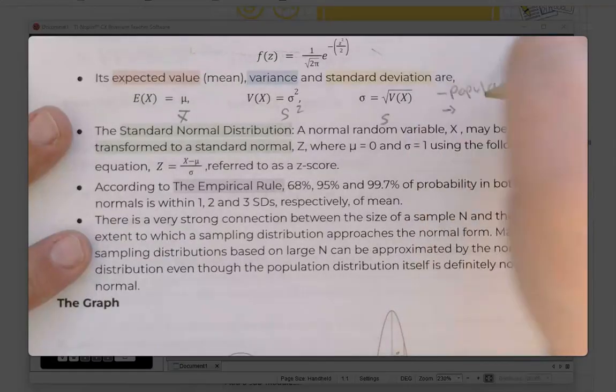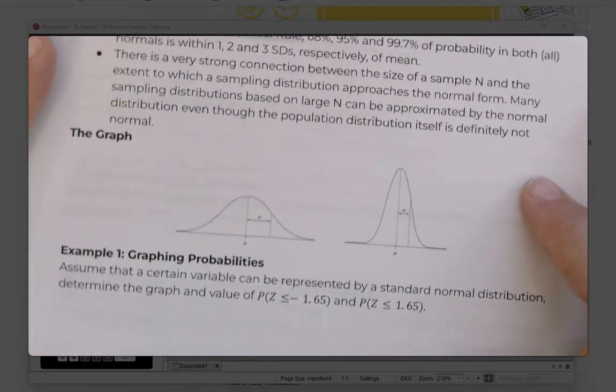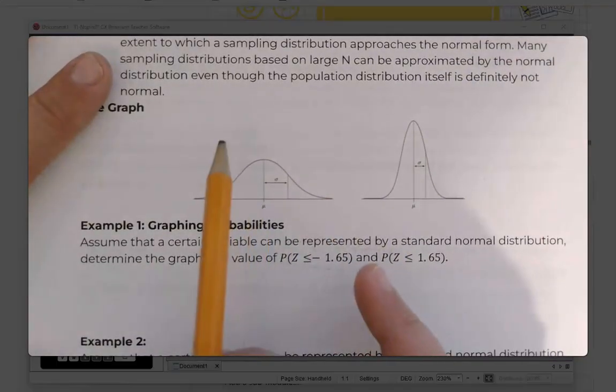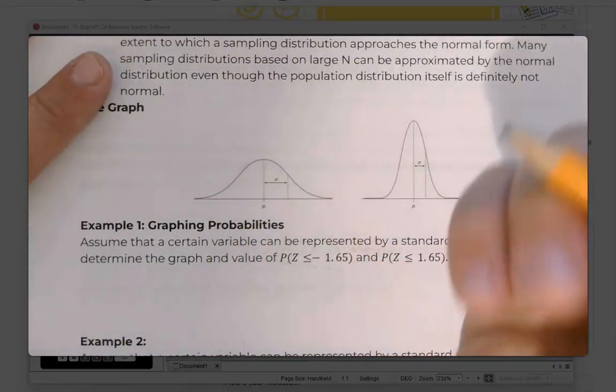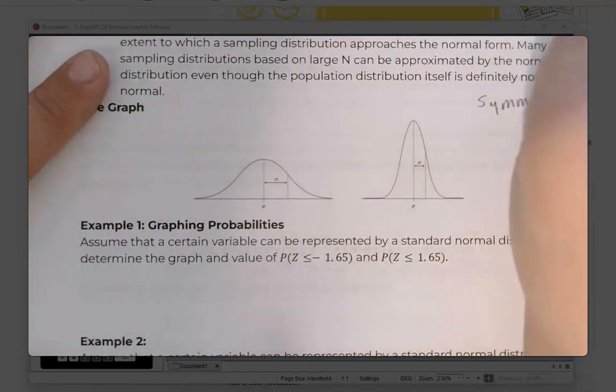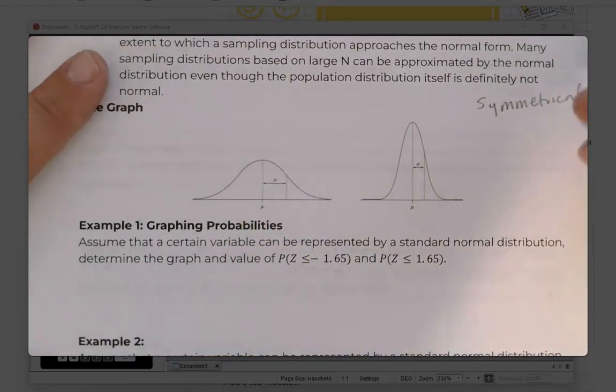Now we get to finally use all of those vocabulary words that we learned earlier. Okay, so some important things. These shapes are symmetrical. So what's happening on the left side is happening on the right side of the mean.